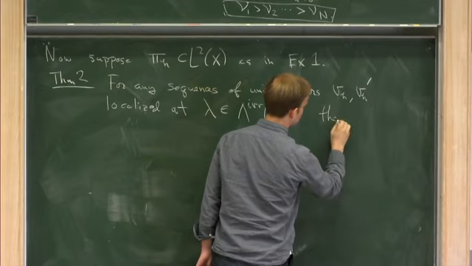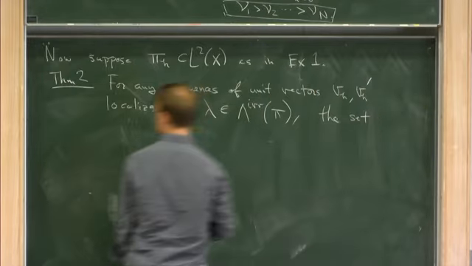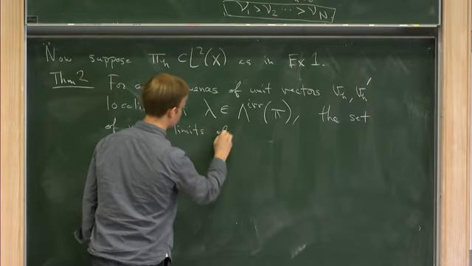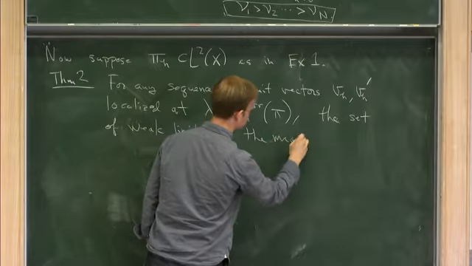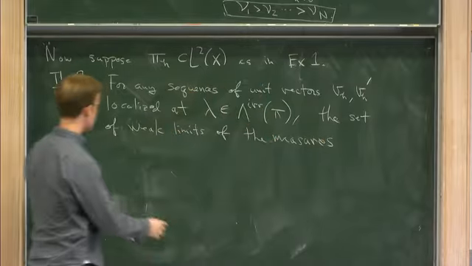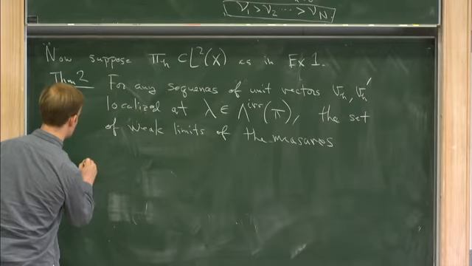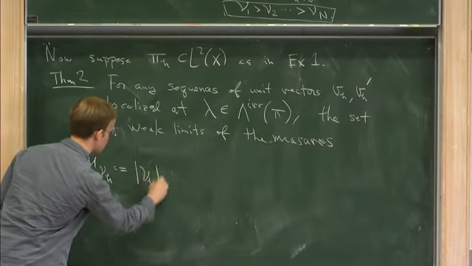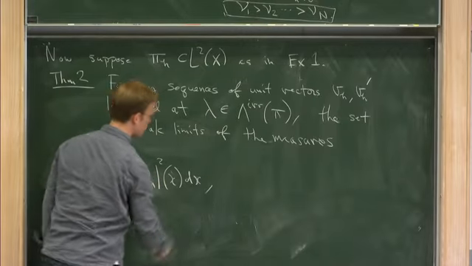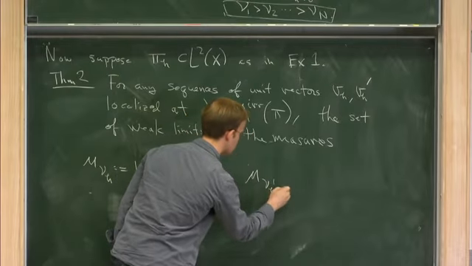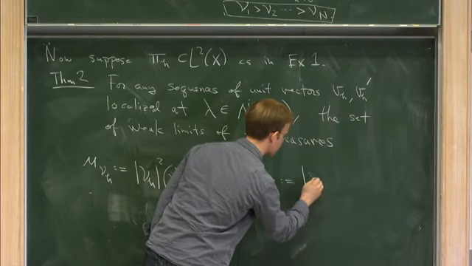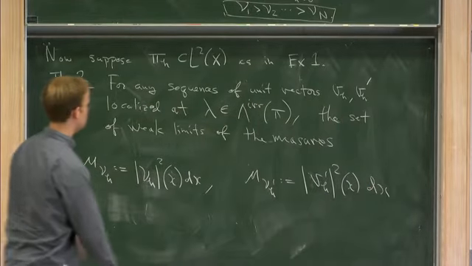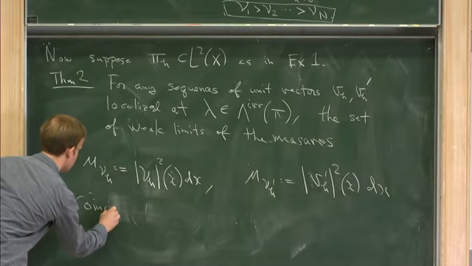So we'll say that the set of weak limits of the measures, let's say mu v h, which will be the L2 mass of v h squared, and mu v h prime, these sets coincide.